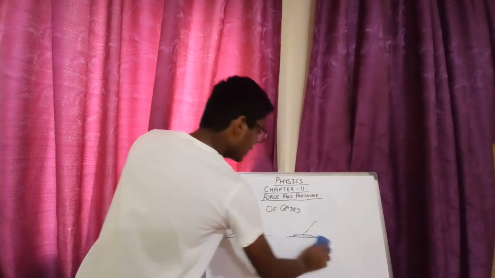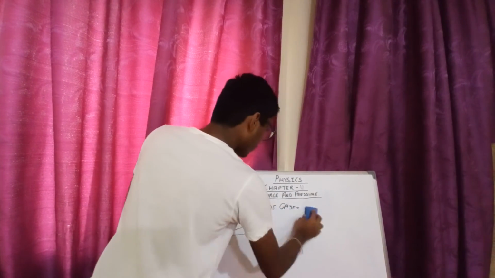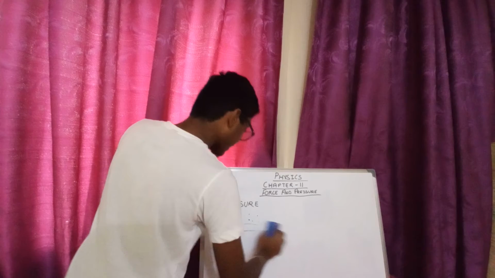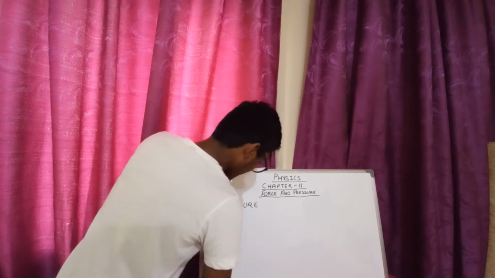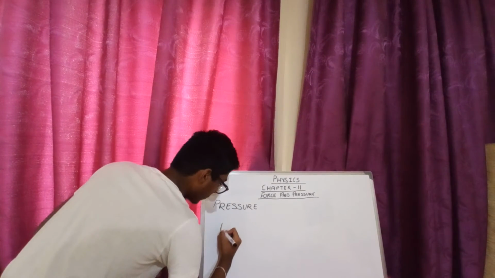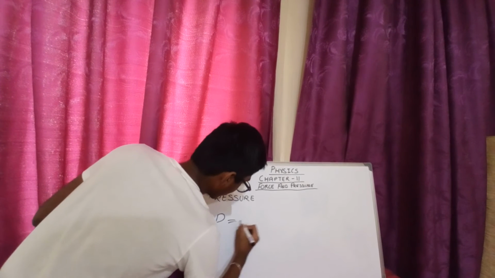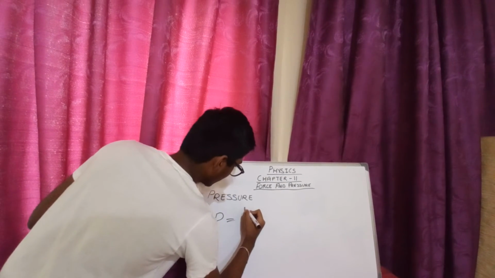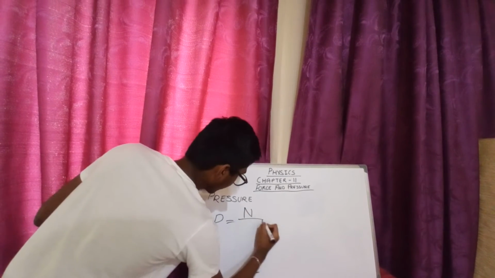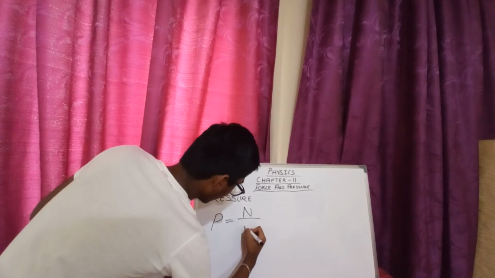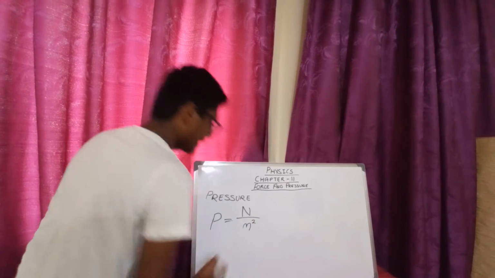Now we have to see some proportionalities when we come to pressure. As we know, pressure equals force divided by area. Force means Newton, and meter square means area.